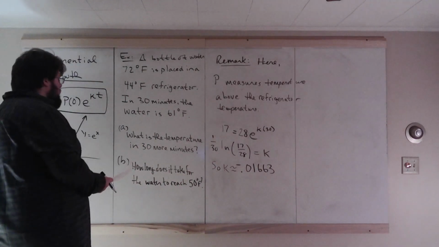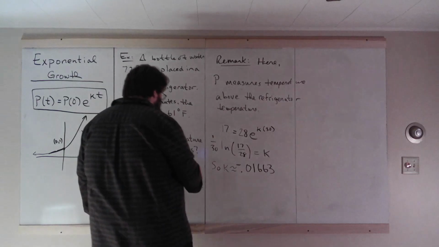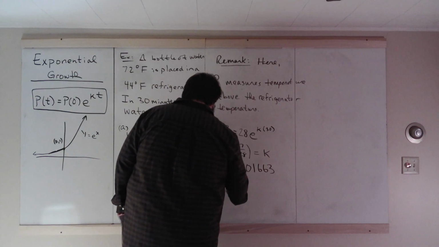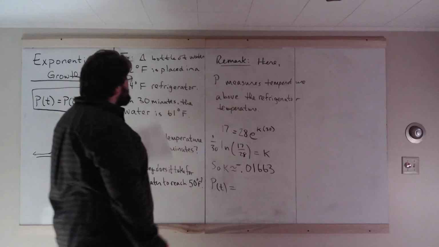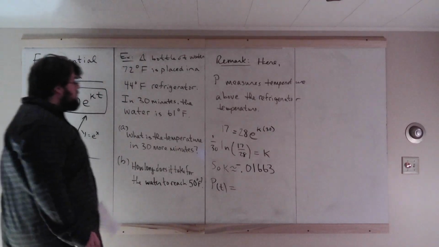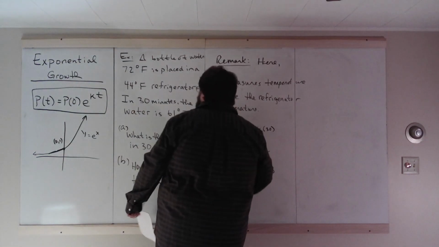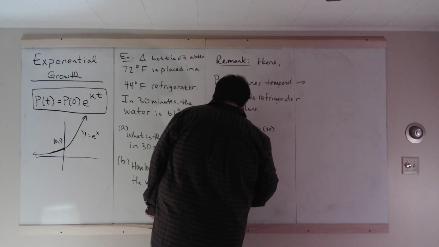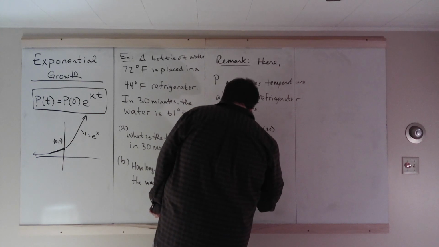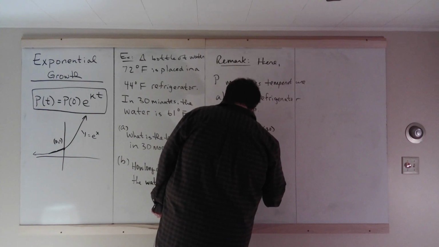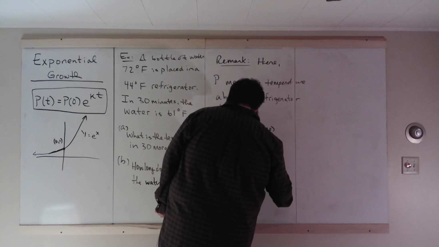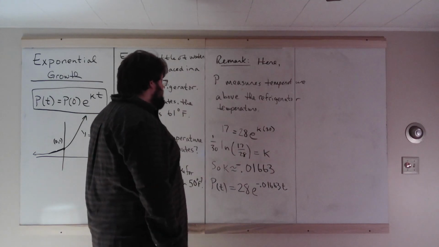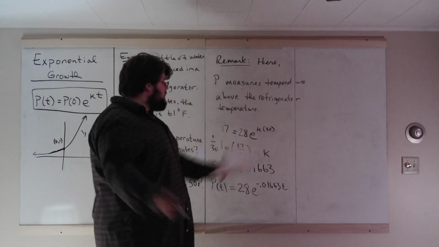Okay, we have our K value. Let's write our equation. P of T equals the initial temperature above fridge temperature, 72 minus 44, so 28 degrees above fridge temperature, times e to the negative 0.01663 times T. Now, you might be tempted to rewrite this, getting rid of the negative exponent and writing it as a fraction.